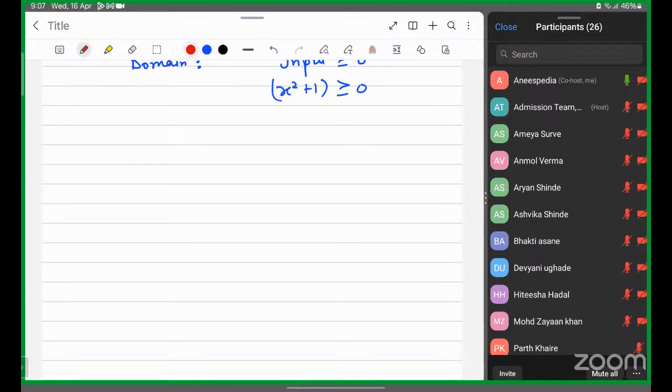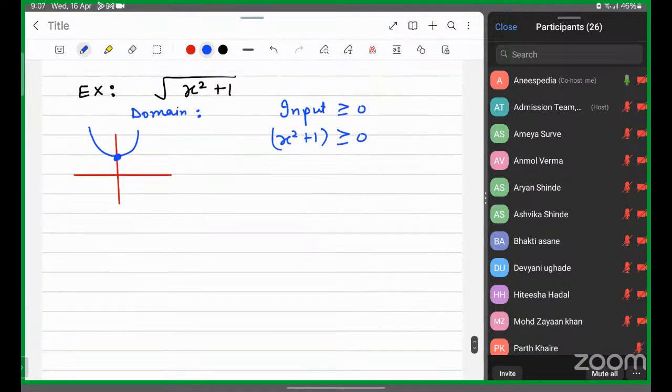Or you can also state it as, if you look at the graph of x square plus 1, the graph will start from here. So from graph, it is clear that x square plus 1 is positive for all possible input values of x, which implies that domain of this particular function will be all real values. You can put any real value in this function, it will be well defined.